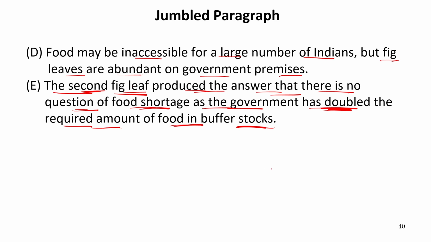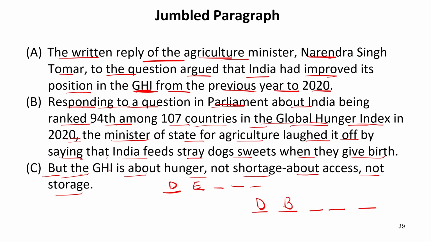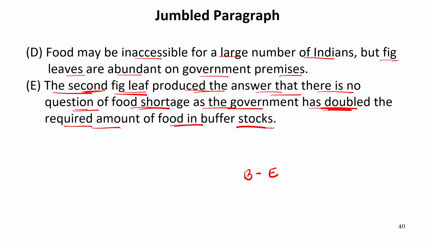Now, if we compare E and B sentence with each other, in B sentence it is written, responding to a question in Parliament about India being ranked 94th among 107 countries in GHI in 2020, the Minister of State for Agriculture laughed it off by saying that India feeds stray dogs sweets when they give birth. Now here the question has been talked about, and in this the second leaf produced the answer. So this is the answer. It means B should come prior to E.